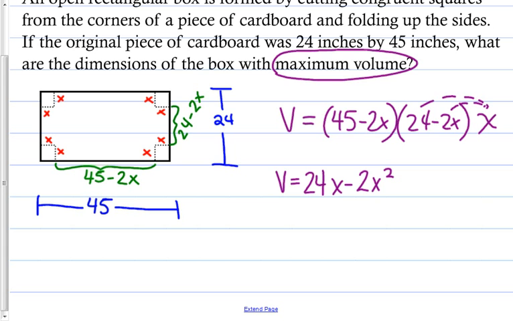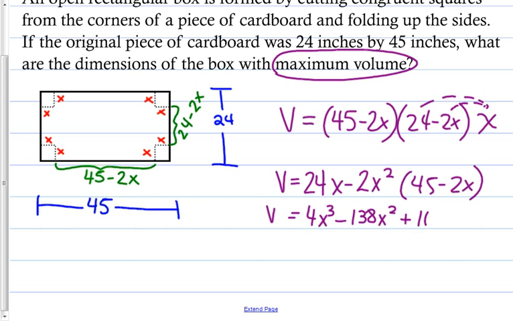On my paper, I foiled that out and I got 24x minus 2x squared, and then 45 minus 2x. And then when I foiled that out, I got 4x cubed minus 138x squared plus 1080x. And that is cleaned up. So make sure you can do that.